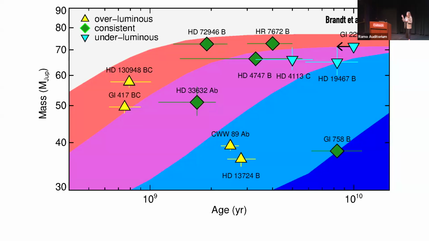ELT is going to push down in terms of the inner working angle. There's that great plot that compares the detection parameter space of ELT versus what we can do with JWST, and we're at smaller semi-major axes, smaller inner working angles. I think JWST is going to push down the parameter space in terms of masses and the sensitivity we can get to, but ELT is going to push across the parameter space in terms of the inner working angle we'll achieve. I think we need both of those things to probe that parameter space.